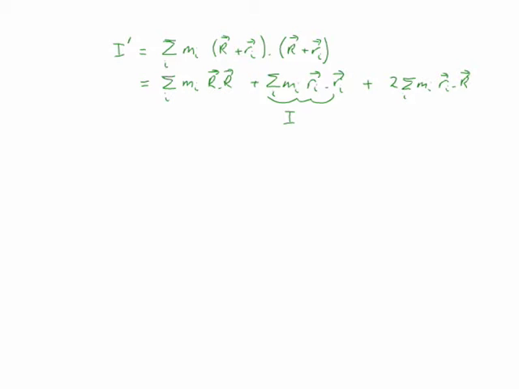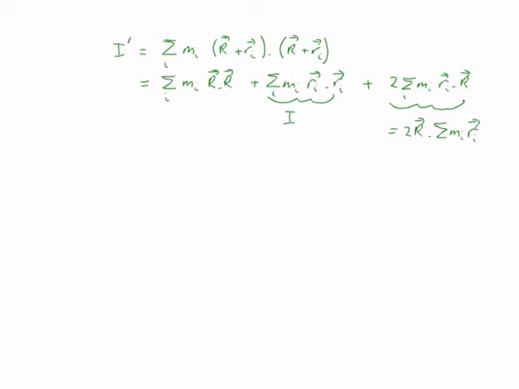But if you look at this term here, we can simplify it because R here is a constant, so we can bring it out. So this term here is equal to 2 times R dotted with the sum over m_i r_i, right? But you remember we said that these little r_i position vectors were relative to the center of mass.